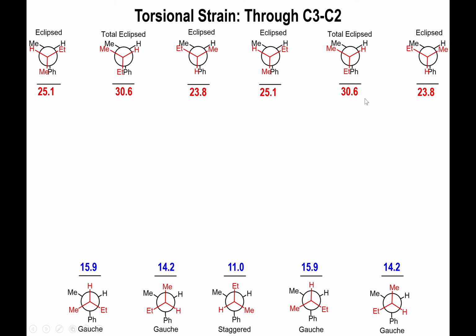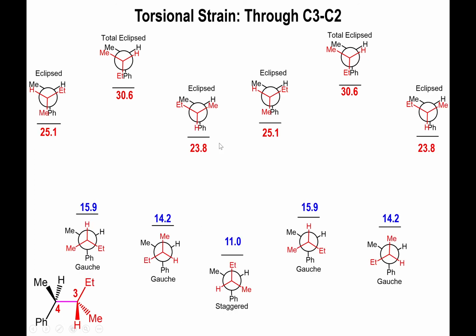And the lower the value for the eclipse conformations is, the farther down you should be. So in essence, if we, relatively speaking, apply that framework, then the energies for each conformation should look roughly like this, right? So notice that 23.8 is slightly below 25.1, 30.6 is the one that's highest above, and then we have a similar profile for the gauche slash staggered conformations.